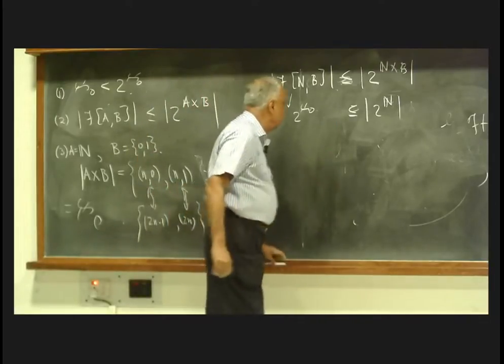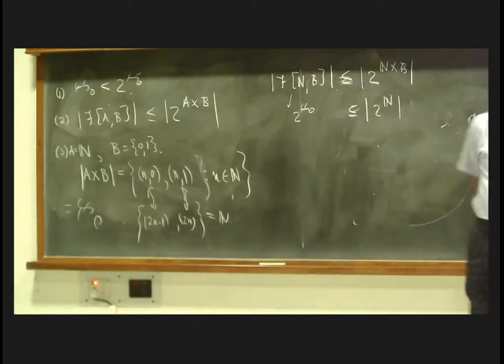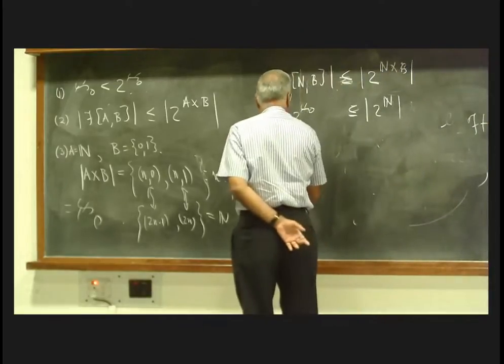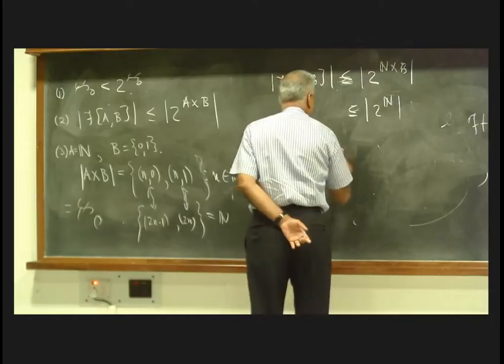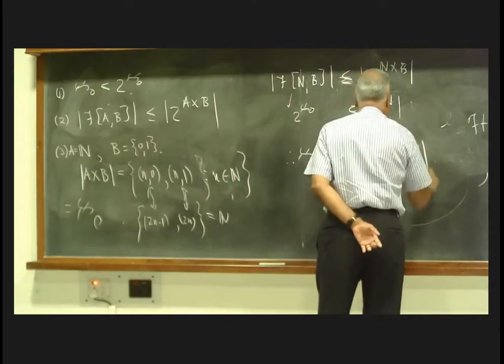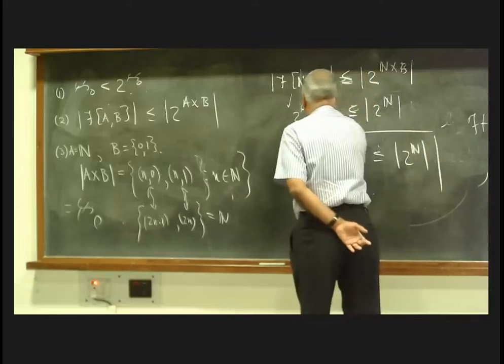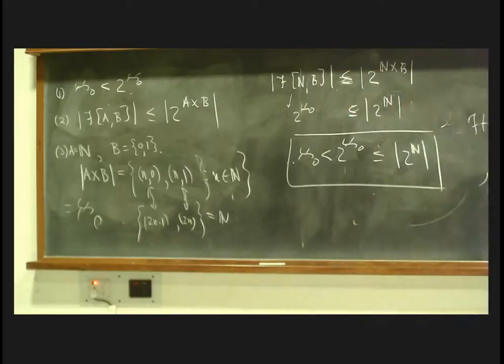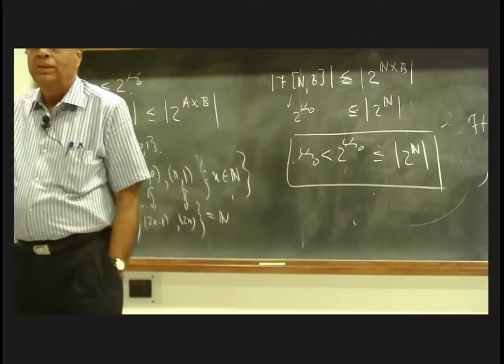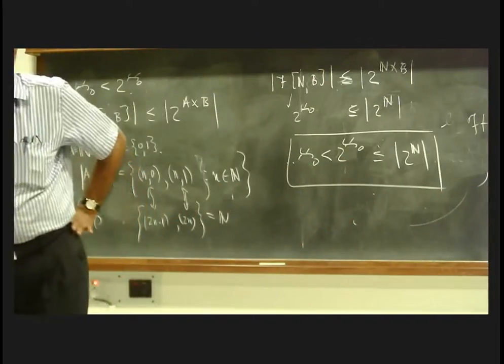Okay, so 2 to the Aleph naught is less than or equal to 2 to the N, and by 1 I have this finally. Okay, Aleph naught is less than 2 to the Aleph naught, less than or equal to the cardinality of the power set of N. Now what can you conclude?